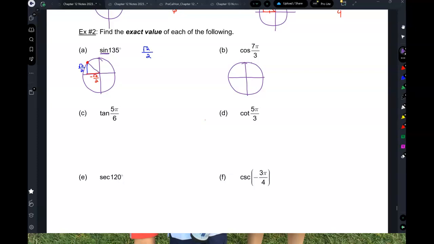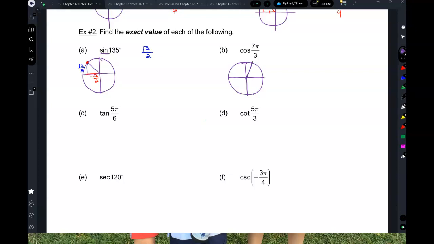So here I have 1 pi over 3, 2 pi over 3, right? 4 pi over 3, 5 pi over 3. Okay, but I'm still not there. The next one here is 7 pi over 3. Right there, 7 pi over 3.